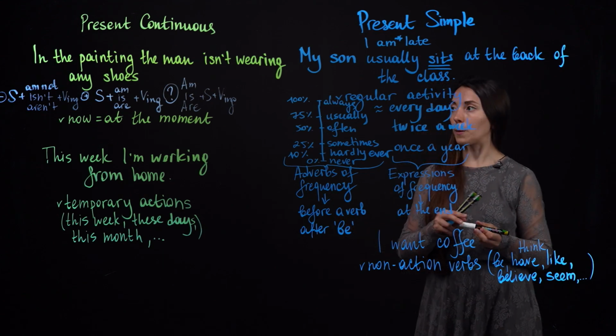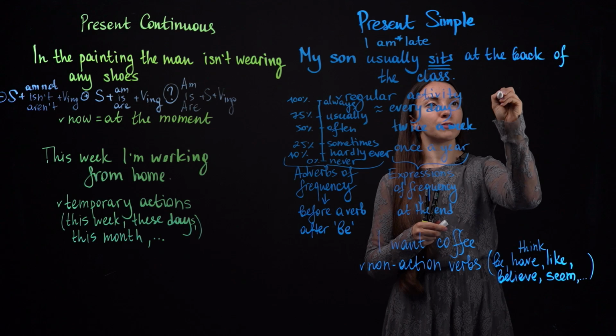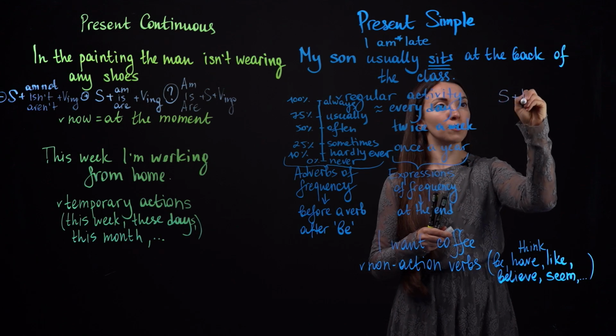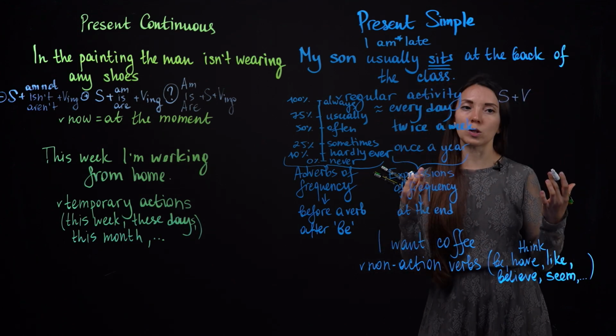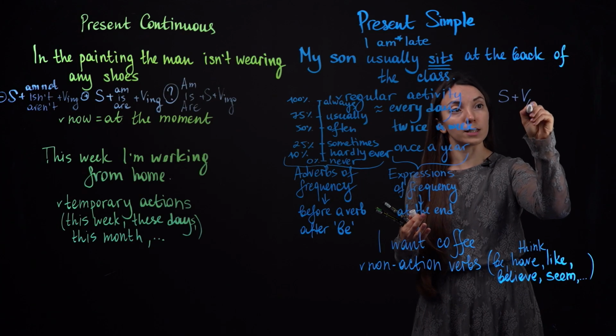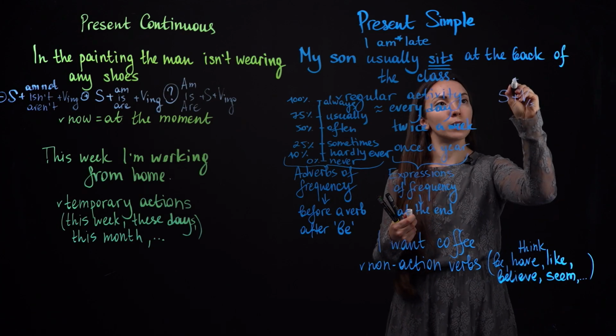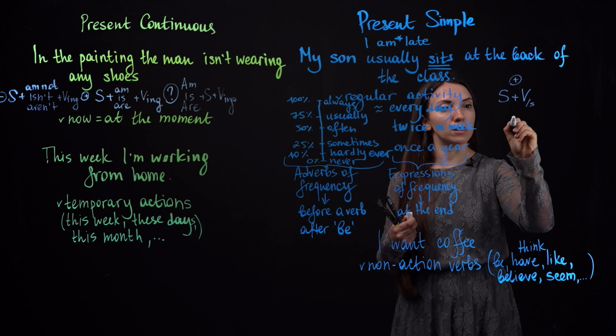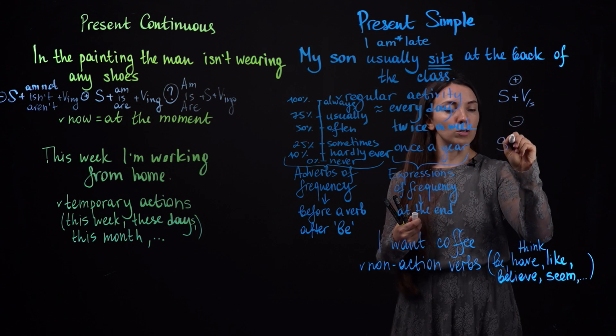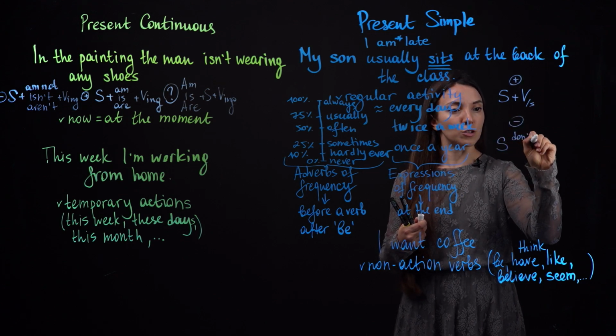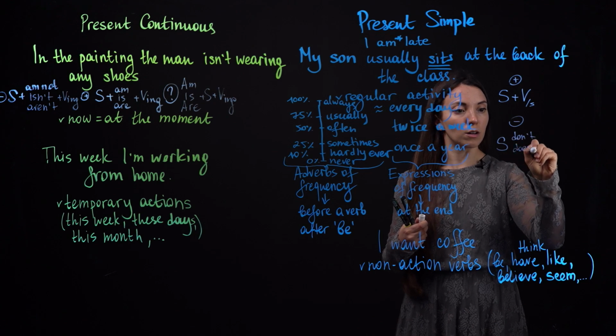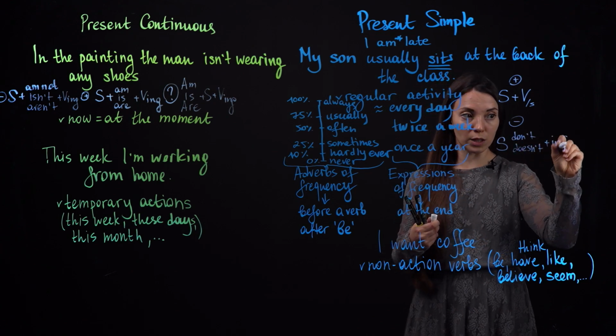Okay, and the formula. If it's a positive sentence, it will be subject, verb. If we use it with he, she, it, it will be with s. Okay, it's a positive sentence. And negative sentences, we will use don't or doesn't with infinitive.